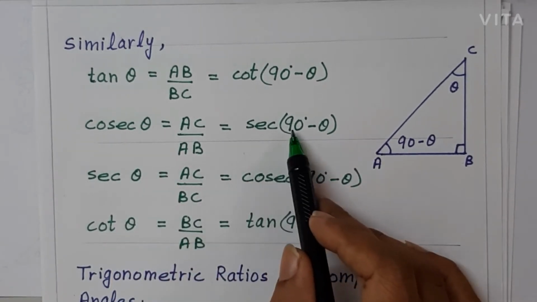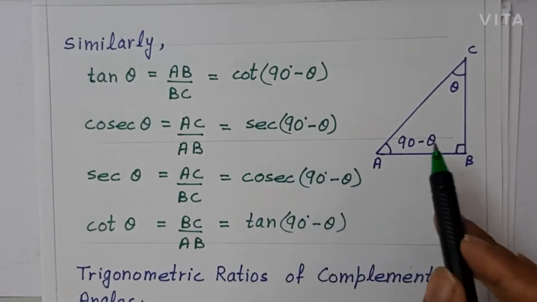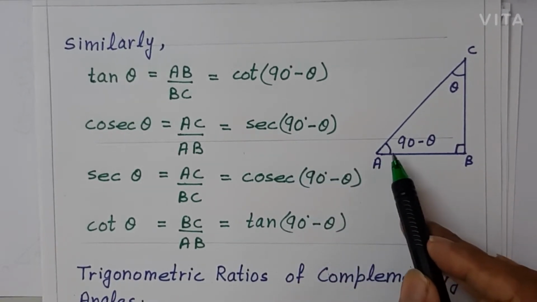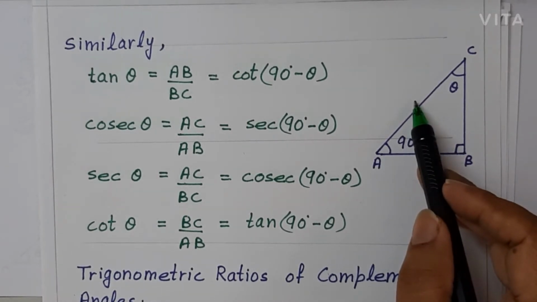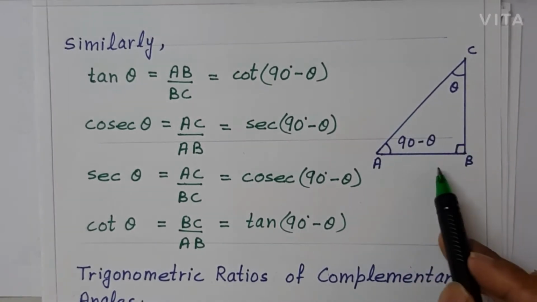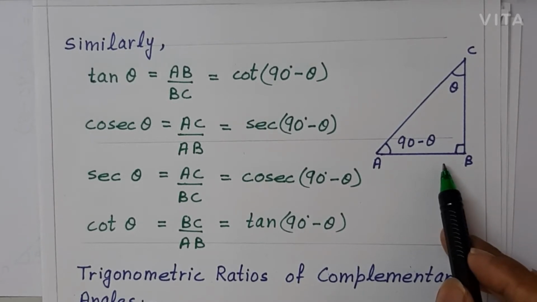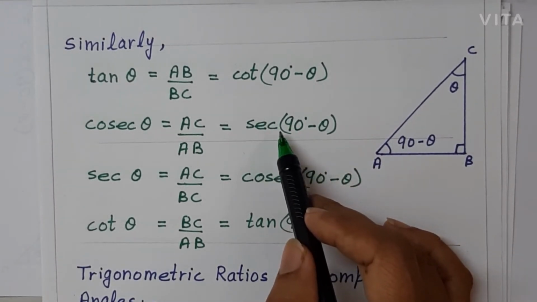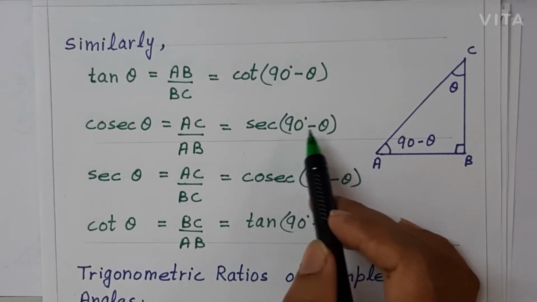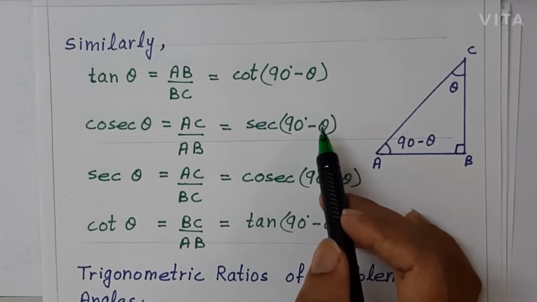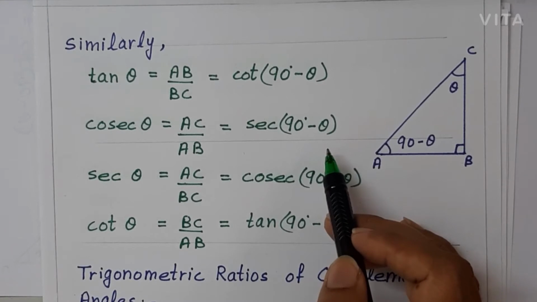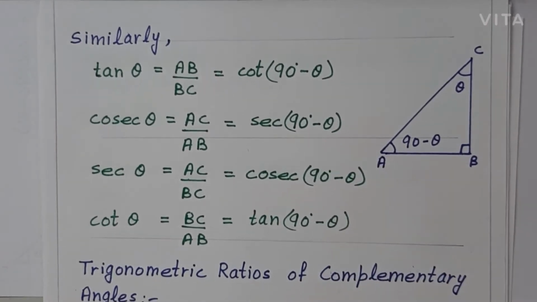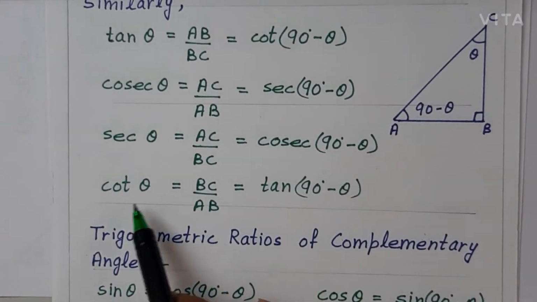Now, secant 90 minus theta, that is angle A, is equal to AC, that is hypotenuse, upon AB, that is adjacent side. Why? Because secant of any angle is always equal to 1 upon cos. Clear?